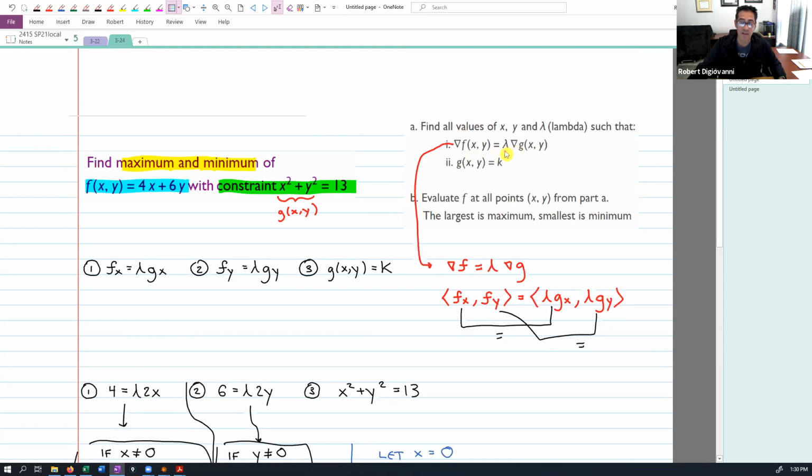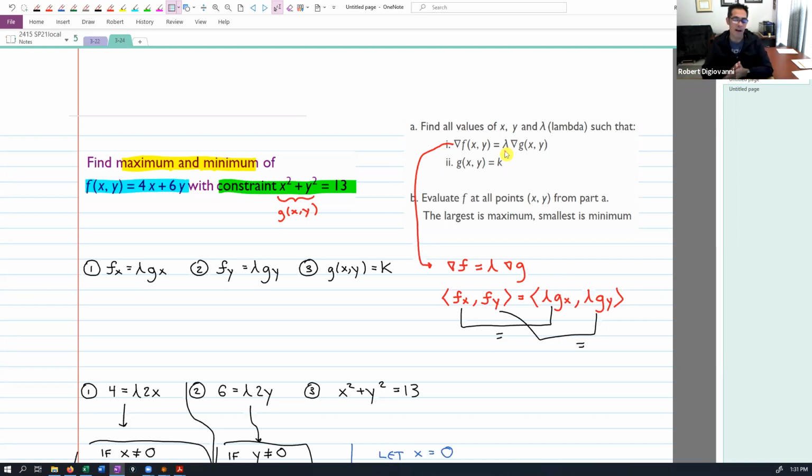And therefore the scalar multiple is something that you would be able to determine. And so the X and the Y are two things that are going to be important for us to calculate the max and min, or determine if it's a max or min. But the lambda is always just going to be that scalar multiple, that number that the gradient vectors are multiples of one another. It's not relevant to the actual calculation of what the max and min is.